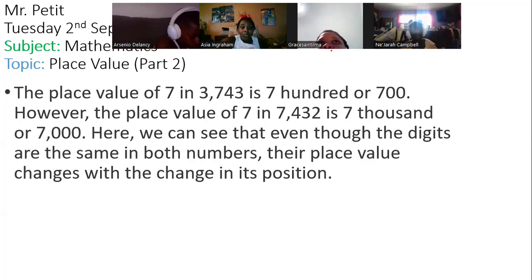All that depends on where 7 is in the number that we're dealing with. So the place value of a digit depends on the position of that digit in the number. Again, the place value of a digit depends on the position of that digit in the number. So Asia, are you finished writing?